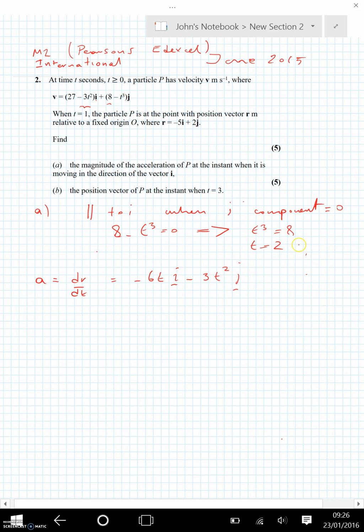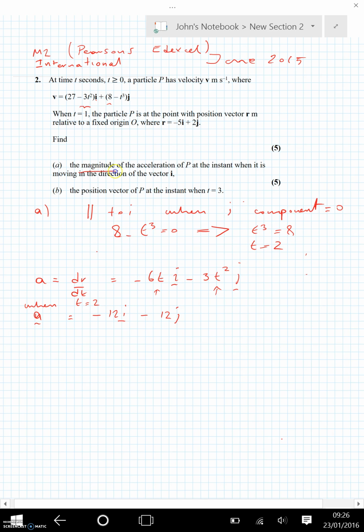Now substituting our value of t, which is 2, the acceleration is equal to minus 12i, putting 2 into there, and minus 12j, putting 2 into there. Better say what we're doing here just in case it's not clear. So when t equals 2 we have acceleration is that.